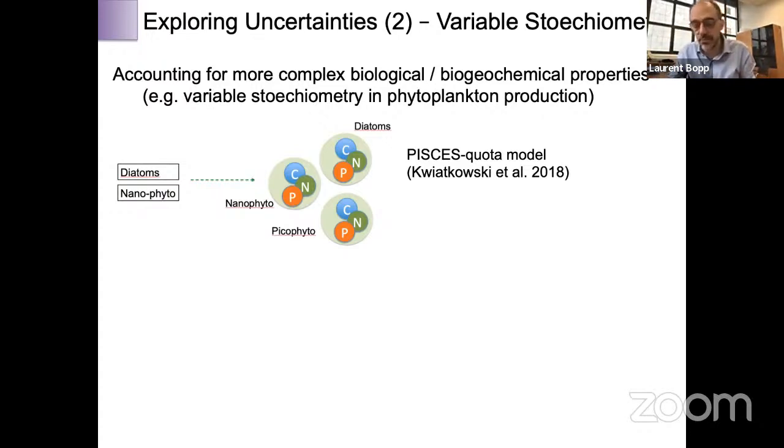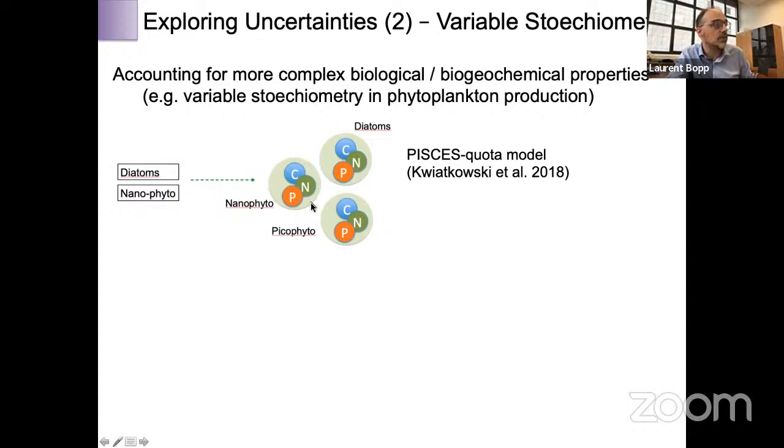And we know that it doesn't work like this in the real ocean. We know that in the subtropical gyres, the N:C or the P:C ratios are different than the ones we have in the subpolar gyres. And so thanks to Olivier Aumont, we have a new PISCES version that we call the PISCES-quota version, in which there is an explicit representation of these variable stoichiometric ratios in the different organic matter pools.